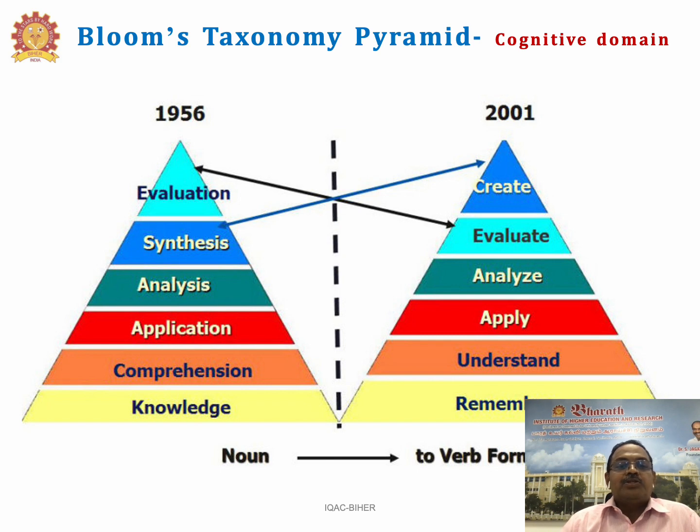The difference between these two taxonomies is that the nouns are converted to verbs in the revised structure. Knowledge is converted to remember, comprehension to understand, application to apply, analysis to analyze, synthesis to create, and evaluation to evaluate. Another main difference between these two models is that the upper two levels are interchanged. Nowadays we use the revised Bloom's taxonomy for our purpose.